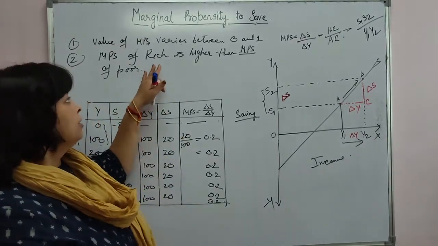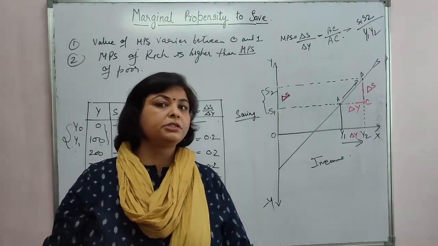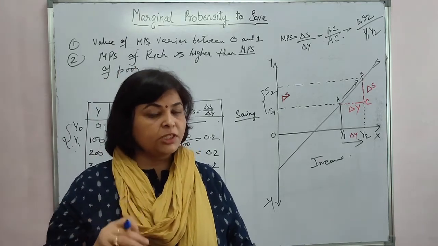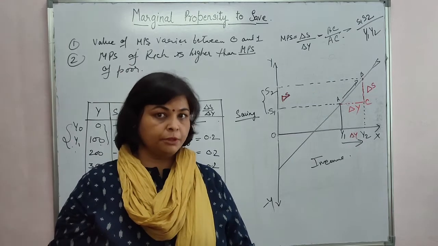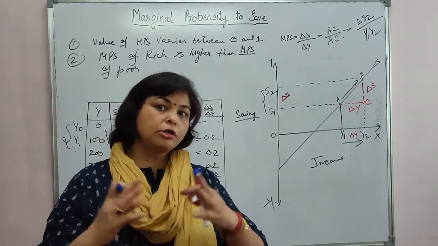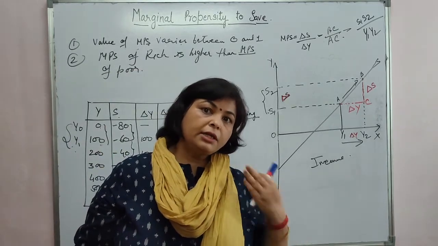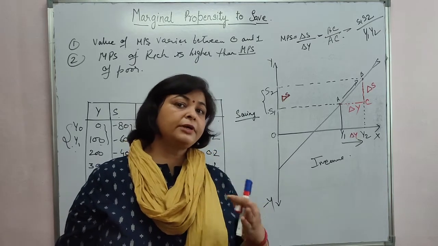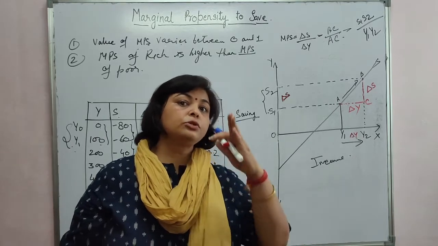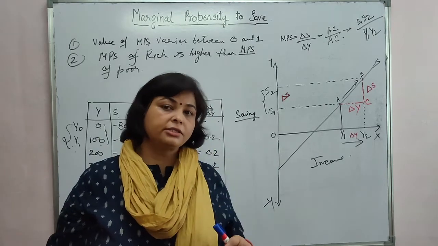So that is why, because what happens is that if the income of a poor person increases, then what will happen? The poor person will spend more money for consumption purpose to fulfill his basic necessities. Because a lot of necessities, requirements and desires of poor people remain unfulfilled. And to fulfill them, when the income increases, the poor person tries to increase their consumption and fulfill their desires.